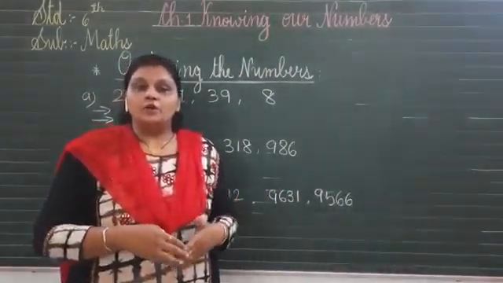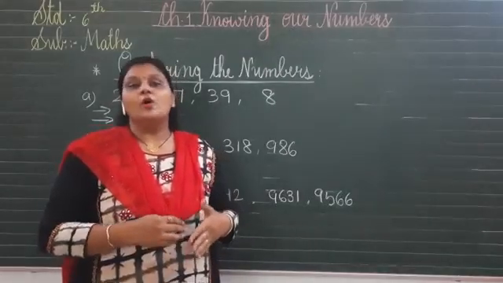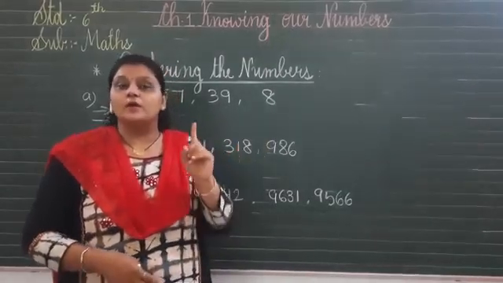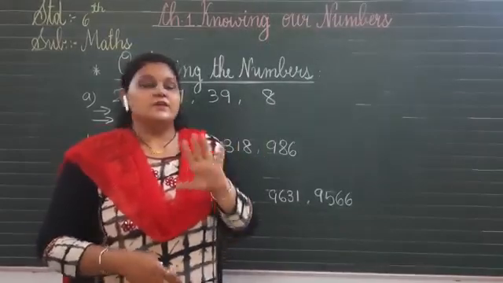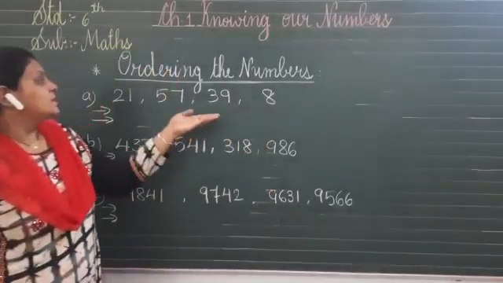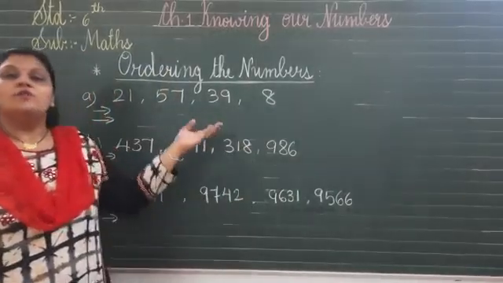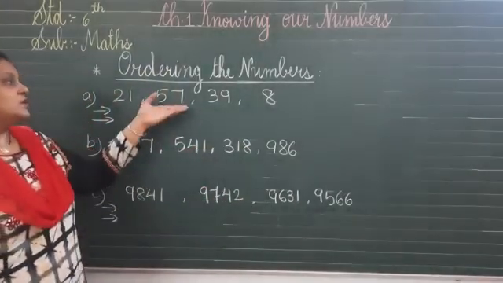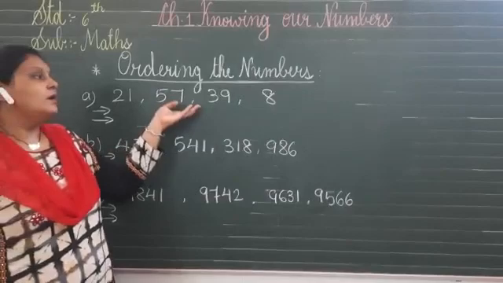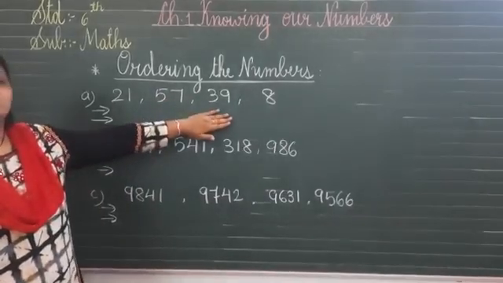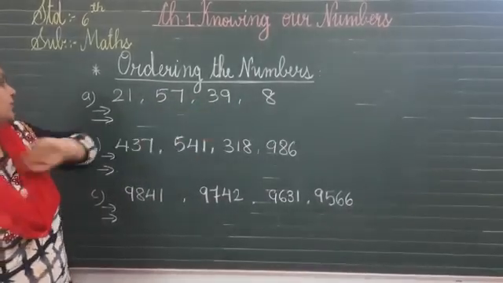Whereas if we want to arrange it in descending order, we have to start from the greatest number first. Now here some sets of numbers are given to you. We will check out which is the ascending order and how to write descending.